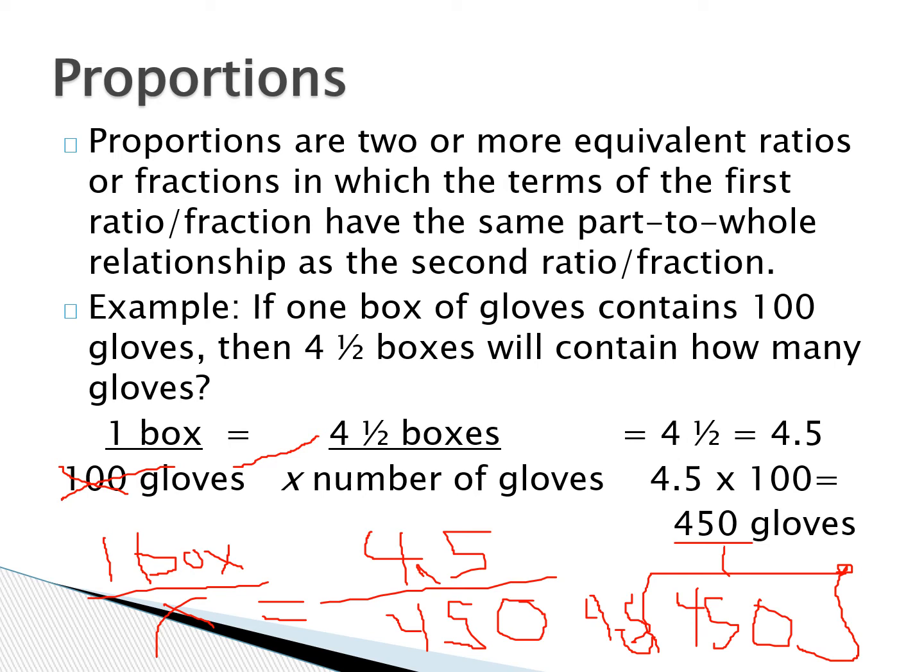But that doesn't make sense. 1 times 45 is 450, so I'd have to put a 0 here and a 0 here. So 4.5 times 100 definitely equals 450. So I know now that 1 box equals 100 gloves. Okay, long story there.